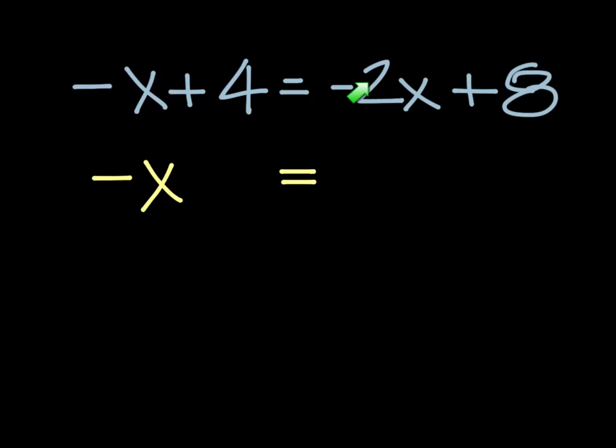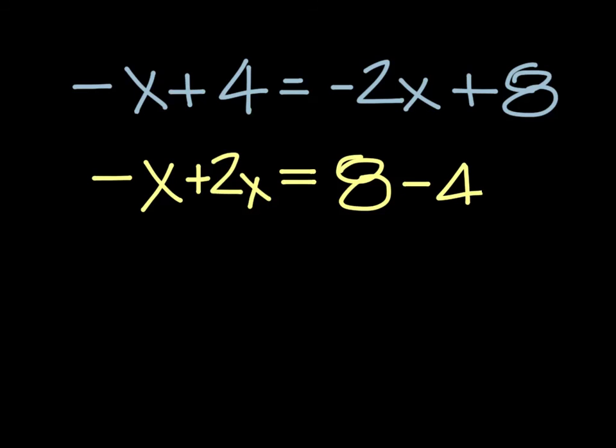It's a negative 2x here. When it crosses the equal sign, it's going to become plus 2x. Then on the right-hand side, this 8 must stay there. And then we're going to have this 4. The plus 4 must go over the equal sign to the right side and become minus 4.